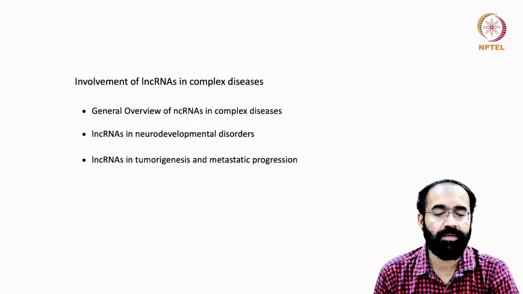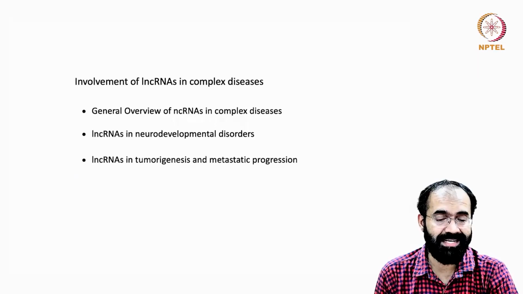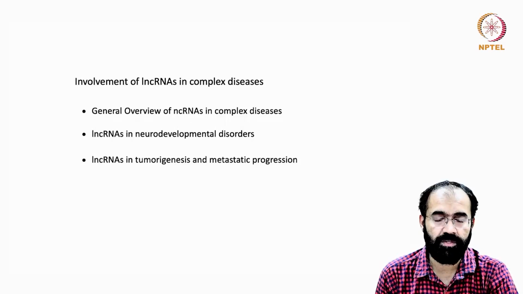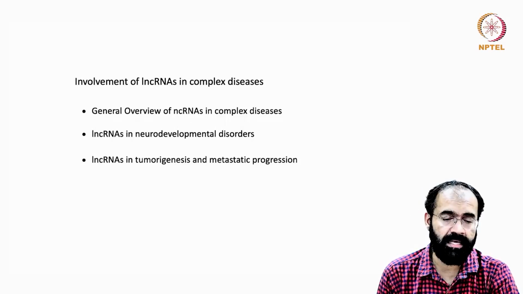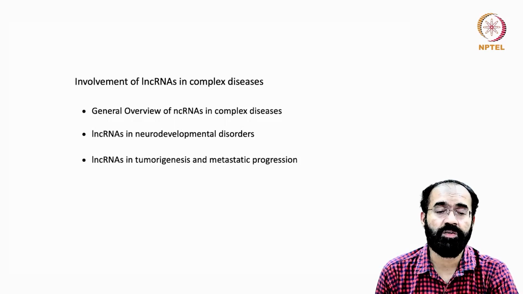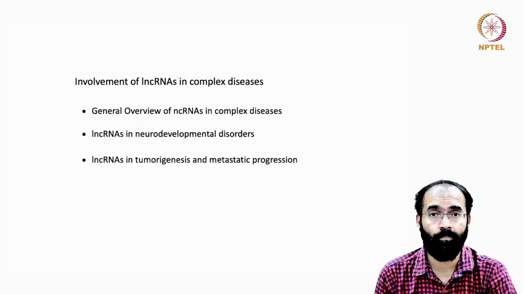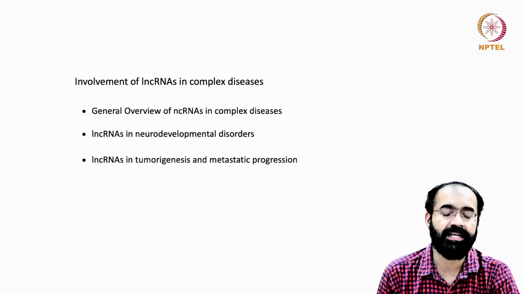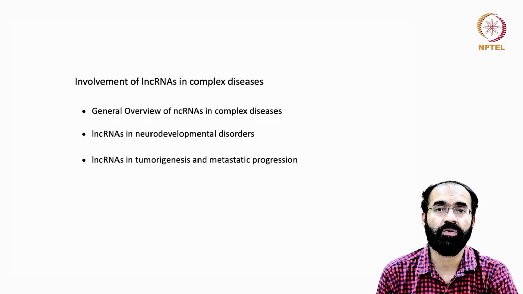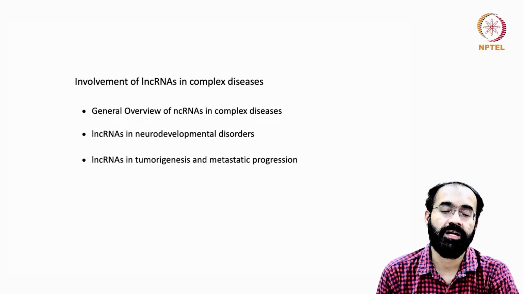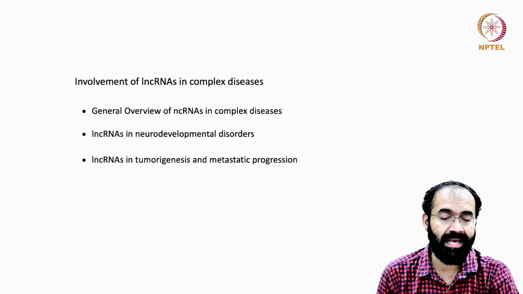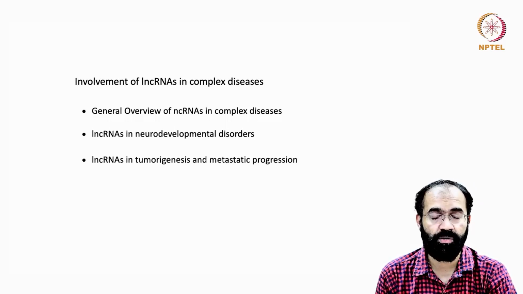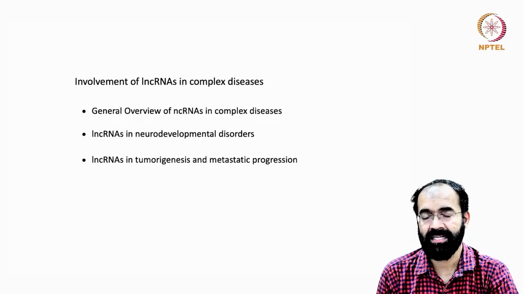So involvement of ncRNAs in complex diseases is a growing field of research, and a lot of research is going on in that area. A general overview of non-coding RNA in complex disease is an active area of research, and ncRNAs in neurodevelopmental disorders is another active area of research, and ncRNAs in tumorigenesis and metastasis progression is also an active area of research.